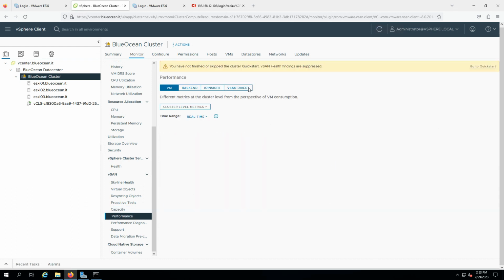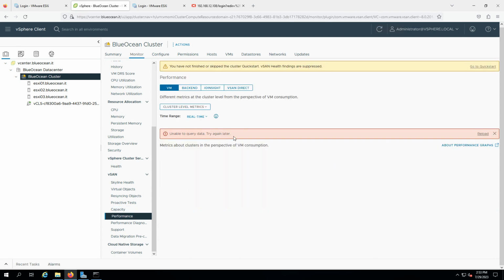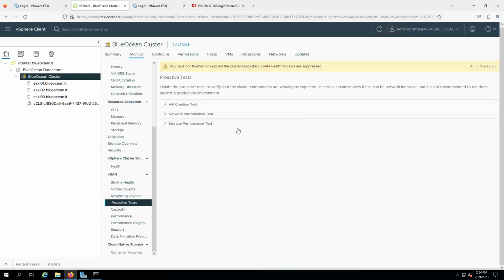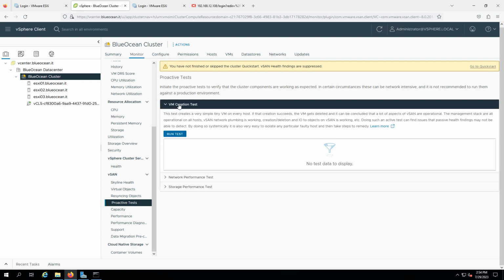You can see the performance. You'll have some data to see if you want to troubleshoot the vSAN. You can do proactive tests. You will create some tests. Maybe I have to do some videos on it.